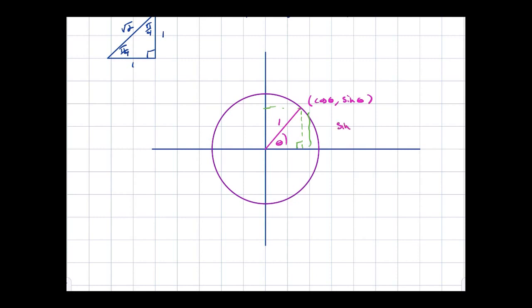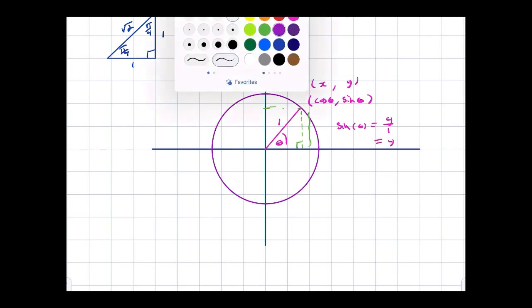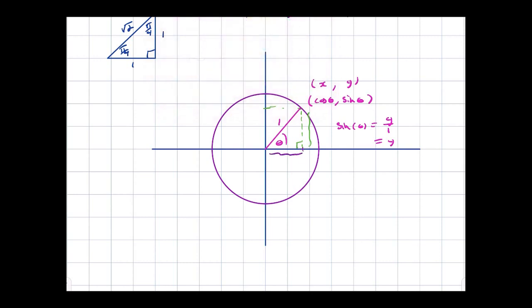So sine of theta is equal to y over 1, which is just y. Same thing for the x-coordinate: cosine of theta is equal to x over 1, which is just x.